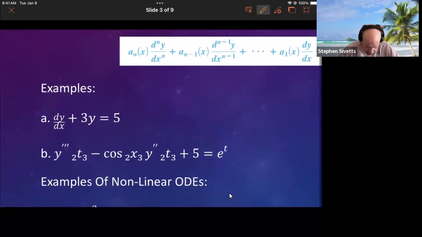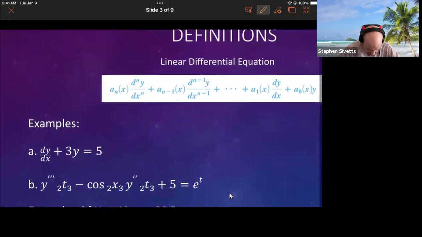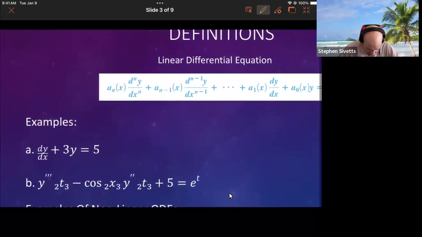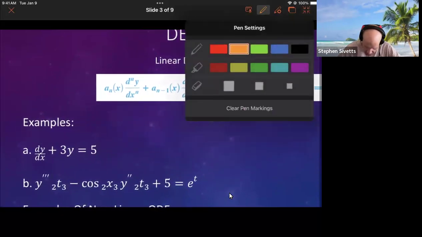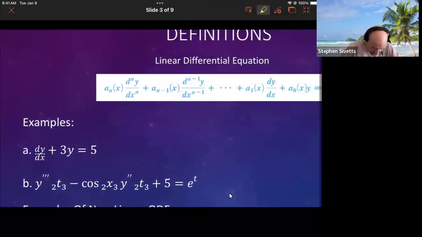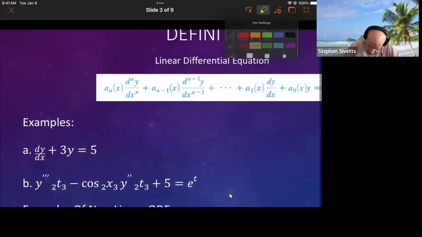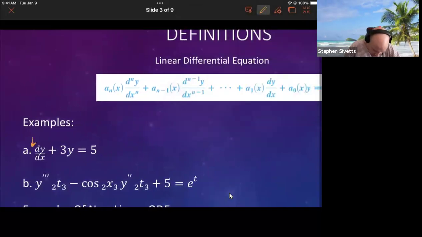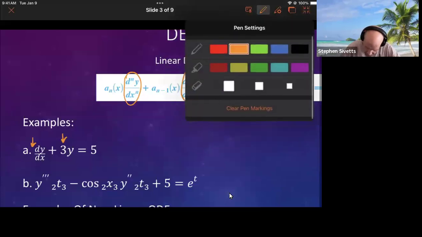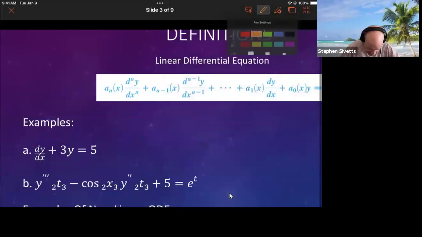As an example, these couple of examples right here are linear differential equations, because the coefficients that are multiplied by the derivatives in y are functions in x.